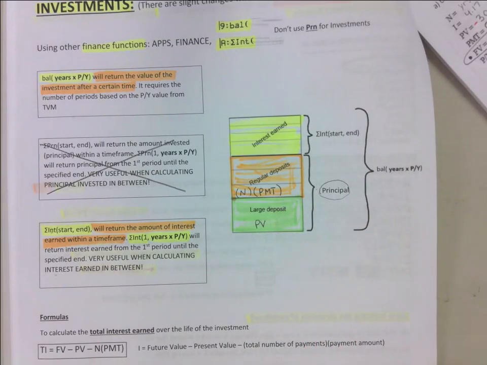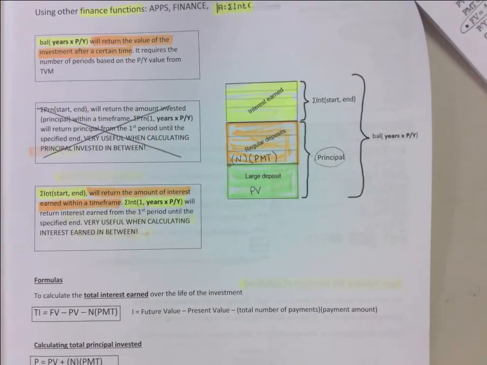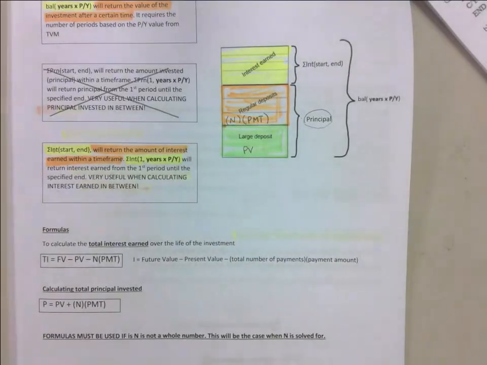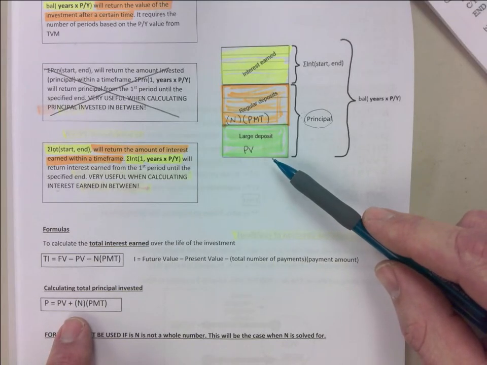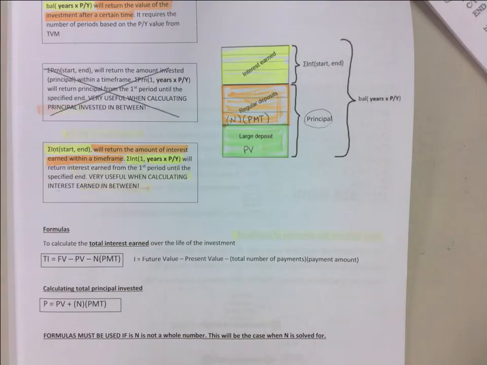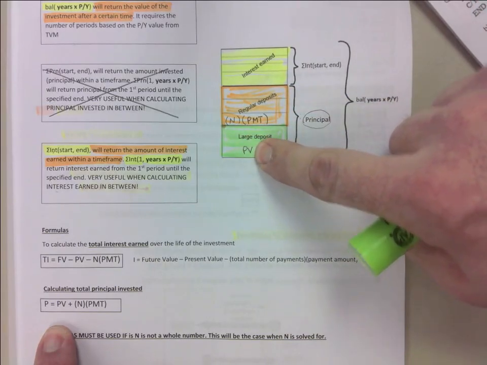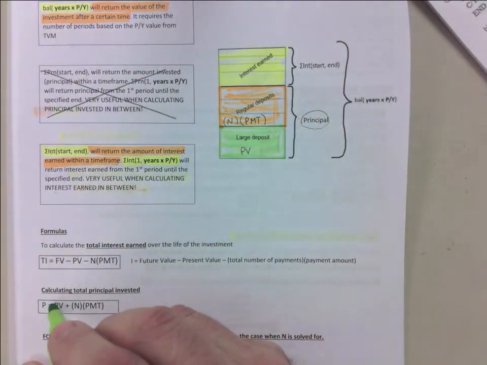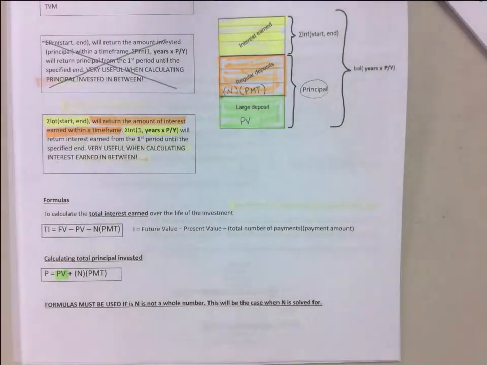So if you wouldn't mind, I'm going to draw your attention. I'm going to zoom out a little bit. I need you to understand this part. The principal, guys, these two boxes right here is PV plus NPMT. So I'm going to use the same color I have for PV and highlight it green. The bottom of your sheet there, that's the principal formula. Like, that's to figure out how much you've invested.